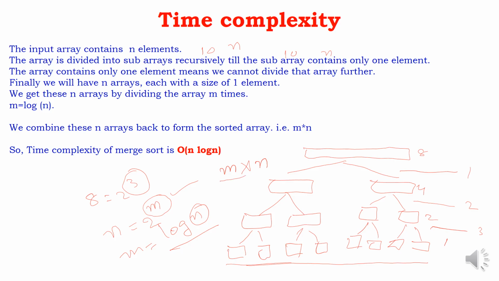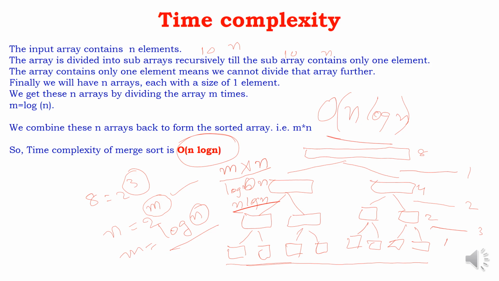This is the equation for efficiency, m into n. What is m? Log n. So it is n log n. Time complexity is treated as order of n log n.